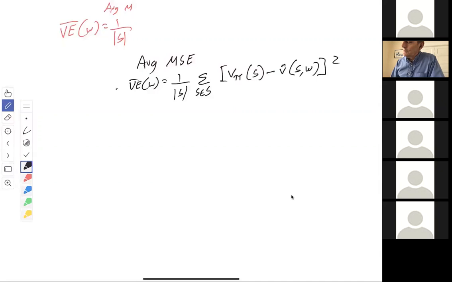Now let's look at the partial derivative with respect to the ith W, the ith weight. So we've got this summation, and we know that we can just sum together the derivatives.